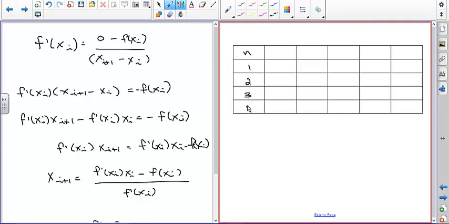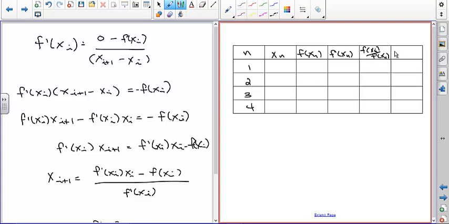So this just counts. And then we have our initial guess, the value of the function at the initial guess, the value of the derivative at the initial guess, the ratio of these two. So f of x sub n, I guess really should put n here. Yep, n. f of x sub n divided by f prime of x sub n.